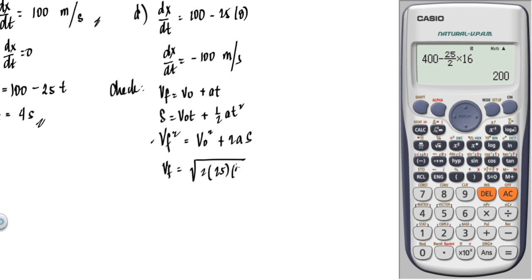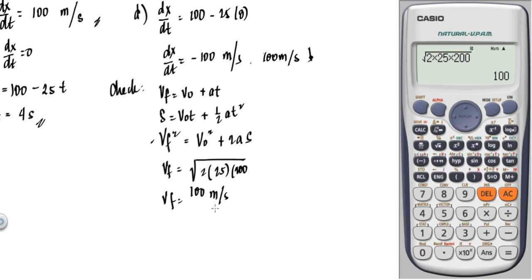Times s. What is s? 200. So Vf is equal to the square root of 2 times 25 times 200 equals 100 again, 100 meters per second. The negative just means it is going down, so you can write this as 100 meters per second downwards.